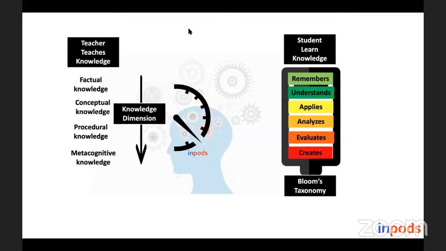But from the teacher's perspective, it is important to know what this is all about, because they have to plan their instructions accordingly. If they don't know the desired level of cognition, then we have seen the example of misalignment. The teacher ended up teaching something related just to summarizing, and somebody who is designing the questions asked a question which required critiquing the author's views, which was never taught.